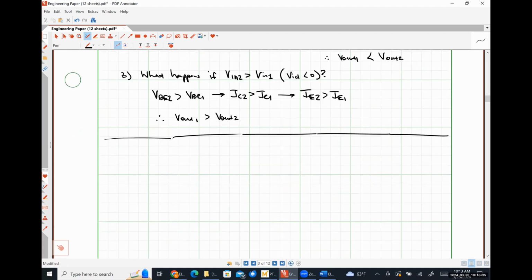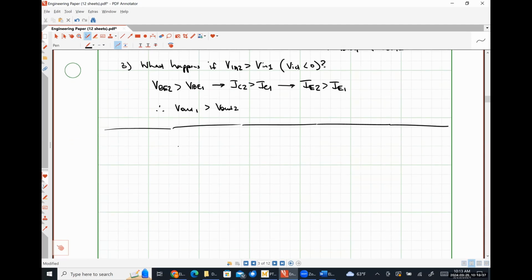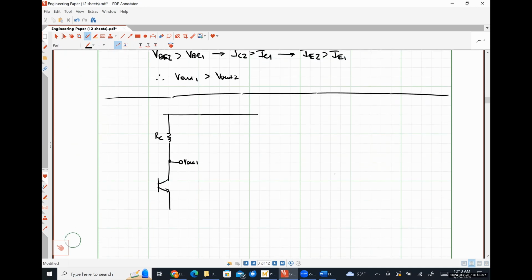So to facilitate this, I'm going to redraw my circuit. Here's RC. Here's V out 1. On this side, I'm going to apply some positive input differential mode voltage VID over 2.